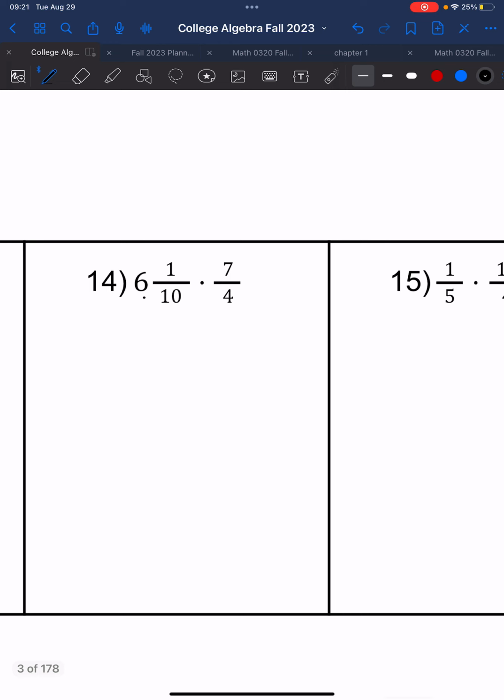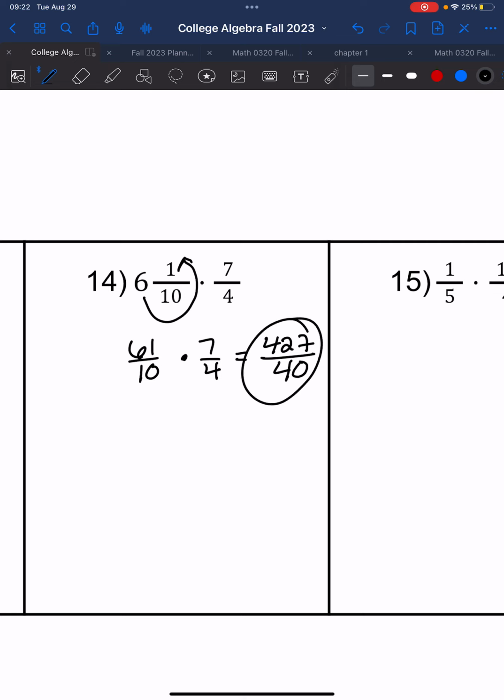Number 14, we're going to have to turn that first fraction into an improper fraction, and that gives us 61 over 10 times 7 over 4. Multiplying across, we get 61 times 7, 427, and 10 times 4, which is 40. And again here, I'm not sure if this could be simplified any further. So I'm going to go ahead and just say this is my answer.